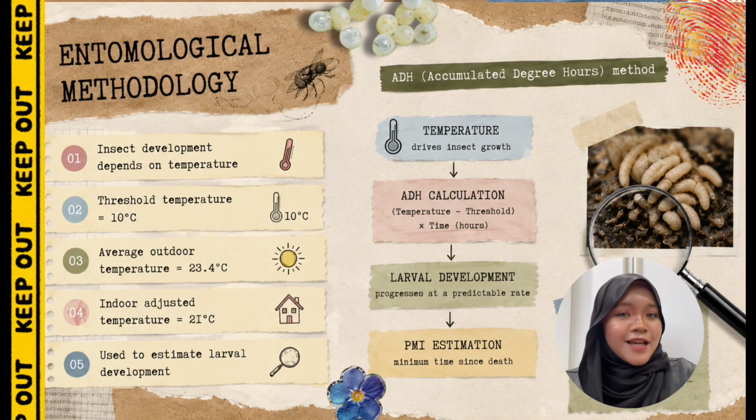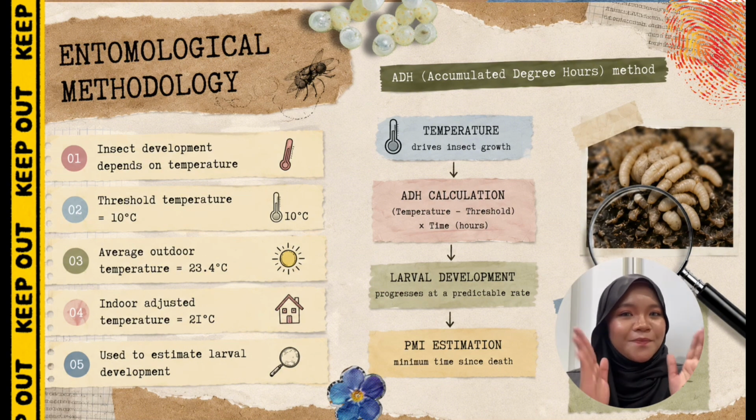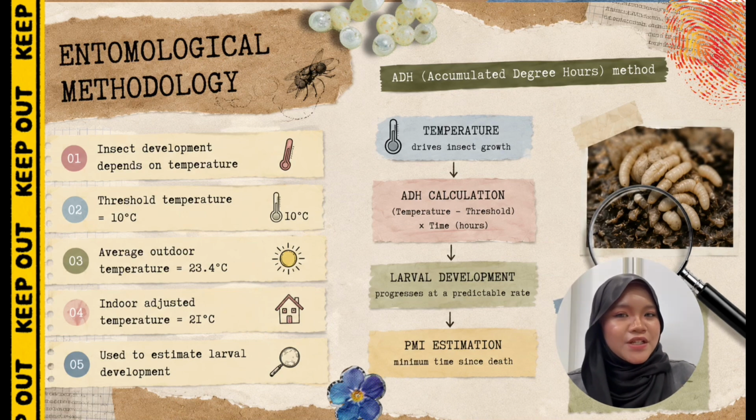How about the entomological methodology? So to analyze the insect evidence, the researchers applied the accumulated degree hours, or ADH, method. This method is based on the principle that insect development is temperature dependent. A developmental threshold temperature of 10 degrees Celsius was used.